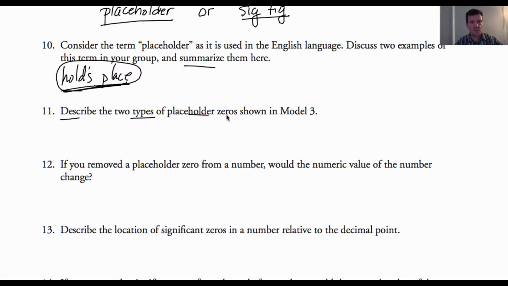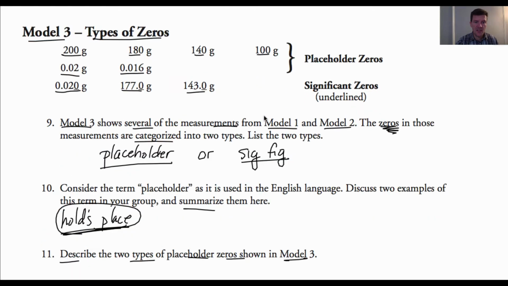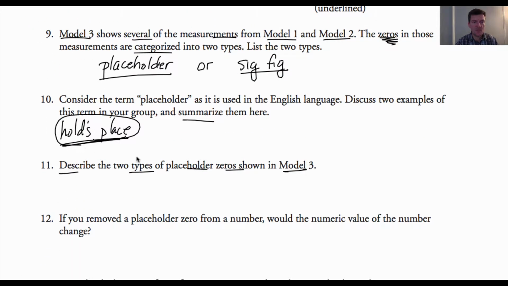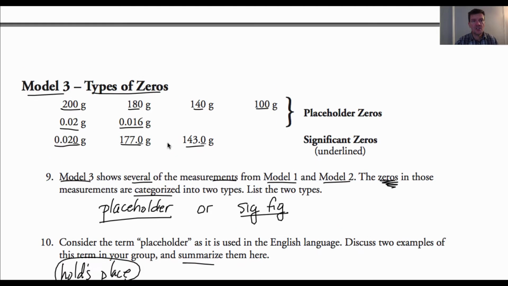Describe the 2 types of placeholder zeros shown in Model 3. So in this one here, you've got placeholders, and really what it's saying is describe the 2 locations where you are going to see placeholders. You're going to see placeholders at the end of a number. That means it could be at the end of the number, meaning in this case 200, and that would be before the decimal point.